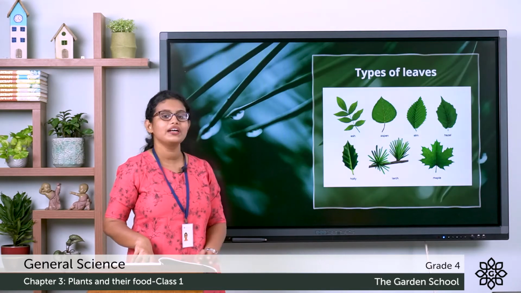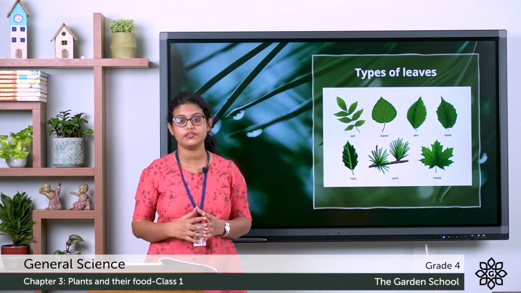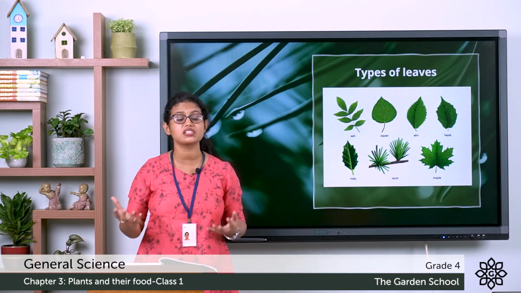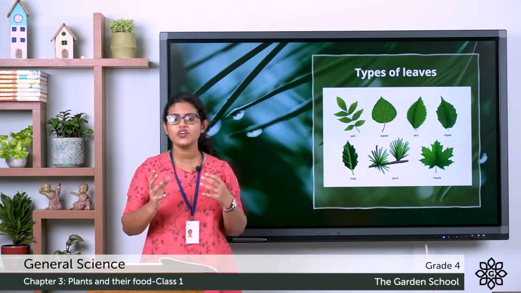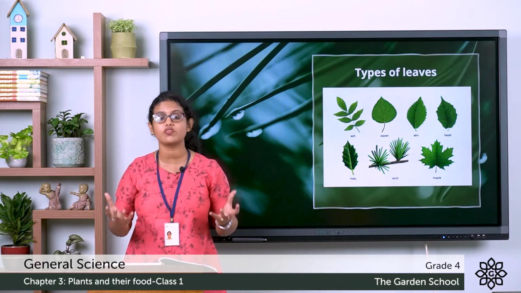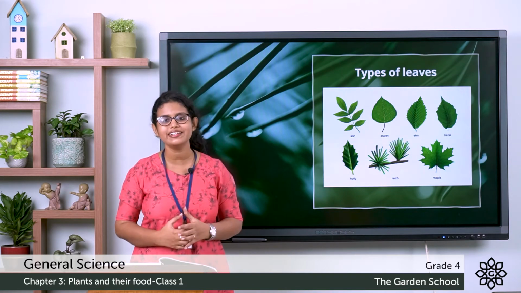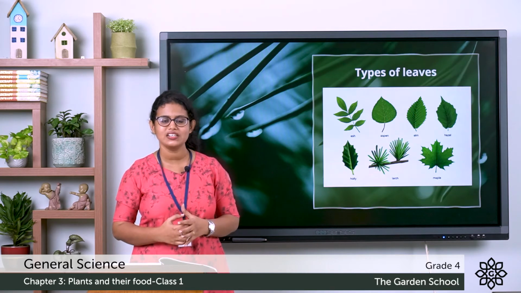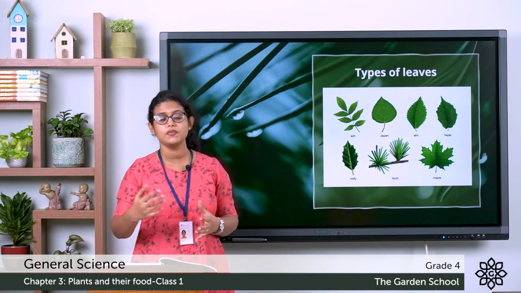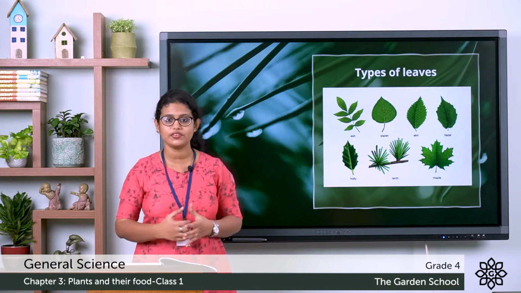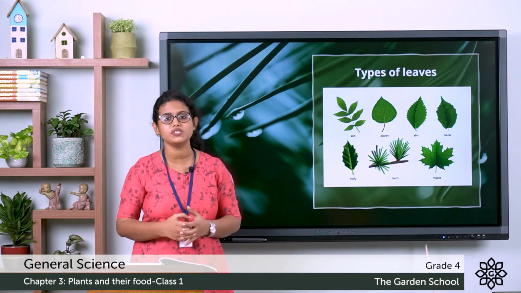Now, what about types of leaves? We can see different kinds of plants around us. If you closely observe the leaves of these plants, do all these leaves look similar? No, right? For example, let's take the leaf of a banana and a papaya leaf. Closely observe it.